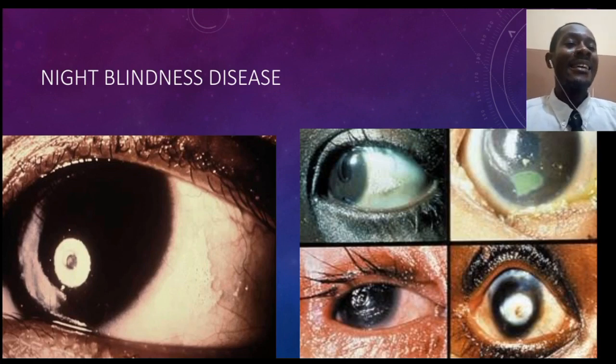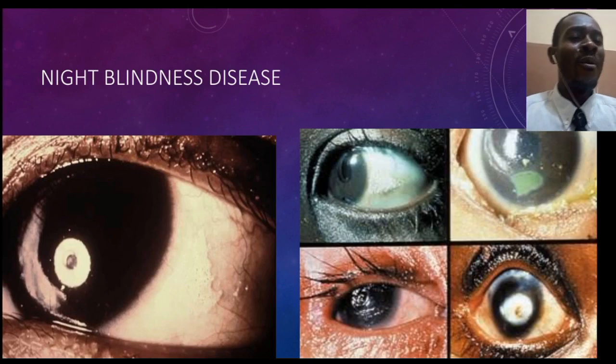Okay, so the deficiency of vitamin A has a lot of defects in the body. Remember, it causes night blindness and damage of epithelial tissues, and a long condition of this will also lead to total blindness. And I know you don't want to be blind, so make sure you take a lot of vitamin A sources in your food on daily basis.